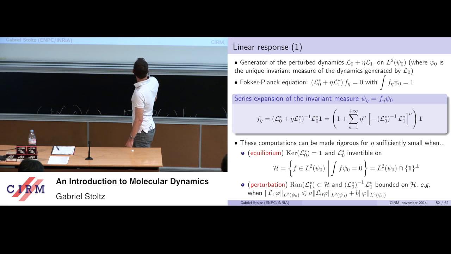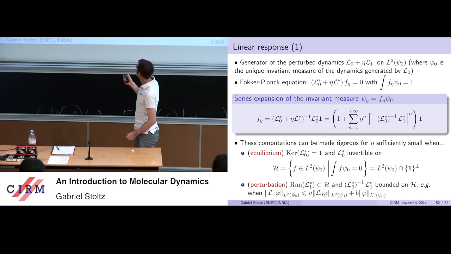So it's natural to think of the invariant measure of the non-equilibrium system as being the reference equilibrium measure times some perturbation f of eta. When you write down the Fokker-Planck equation on L2 of psi naught, you end up with this equation here, which determines this f eta. When eta is equal to 0, f eta is equal to 1.